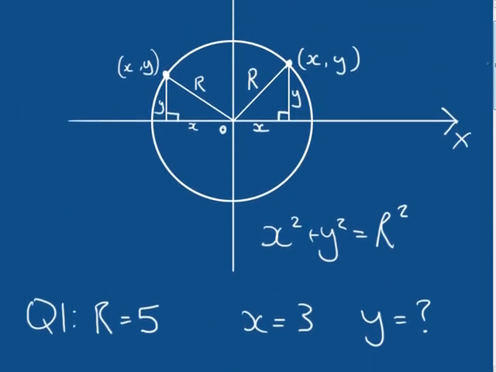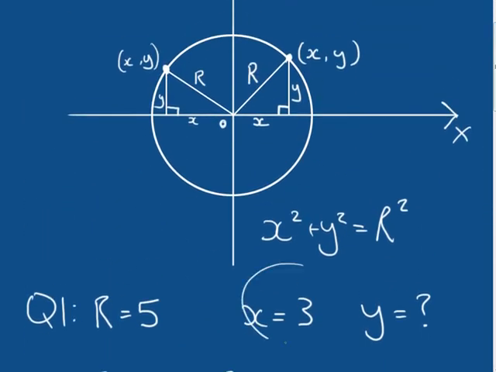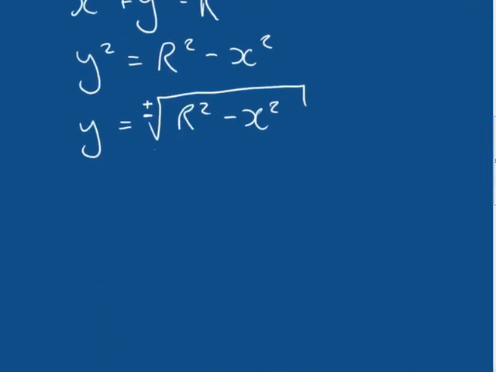And we can see this on our circle. If we had an x coordinate, say, of 3, and let's stipulate for whatever reason that this point here had an x coordinate of 3, there are actually 2 points on our circle that could have an x coordinate of 3. One up here and one down here. Both have a y value, but one is positive and one is negative. So one is going to be the positive square root of this value, the other the negative square root of this value.